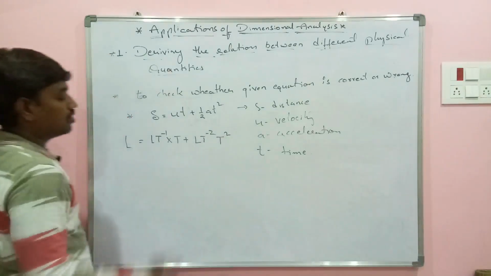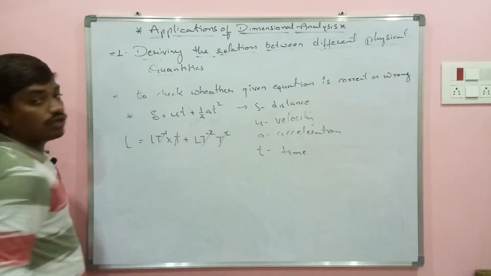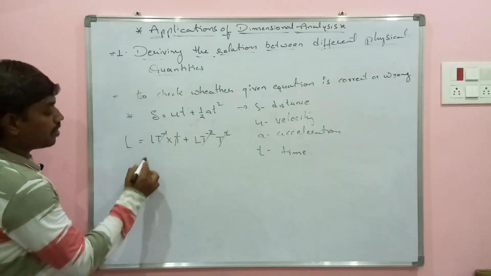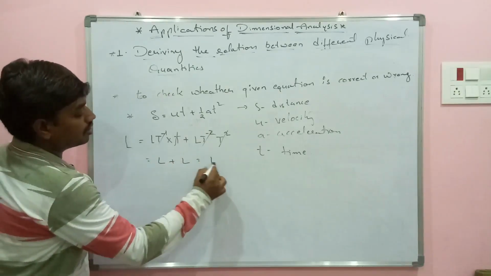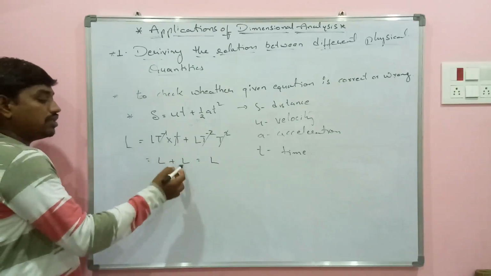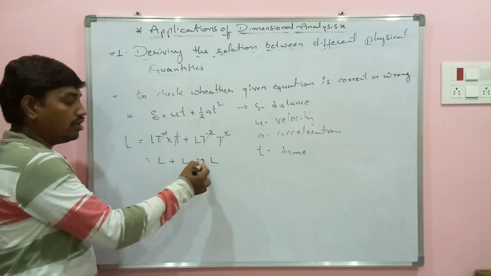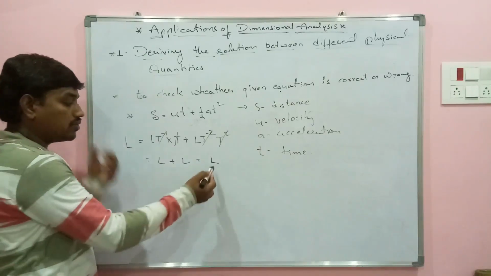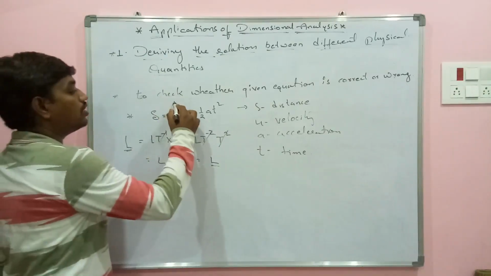So this T and this T are cancelled, T square and minus 2 power are cancelled. I am having L plus L, simply again L only, because L plus L you may consider 2L. If you have 2L it is also not wrong, 2 has no dimensional formula. So LHS dimensional formula and RHS dimensional formula are the same.